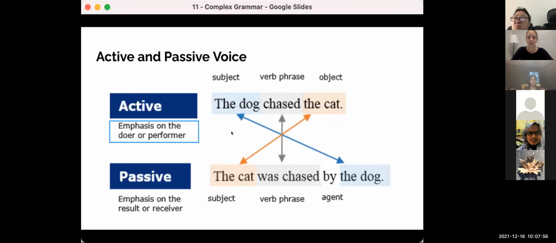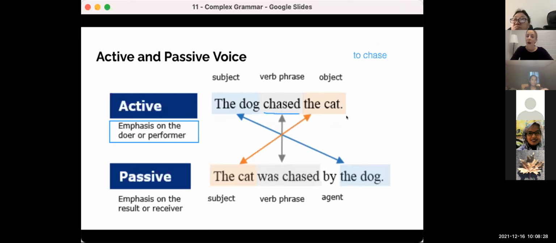We can see in this picture here how the words change position in the sentence, but the verb always stays in the middle. In this active sentence, we have the verb chased. This is the simple past form of the verb to chase. To chase means to run after something. The dog chased the cat.